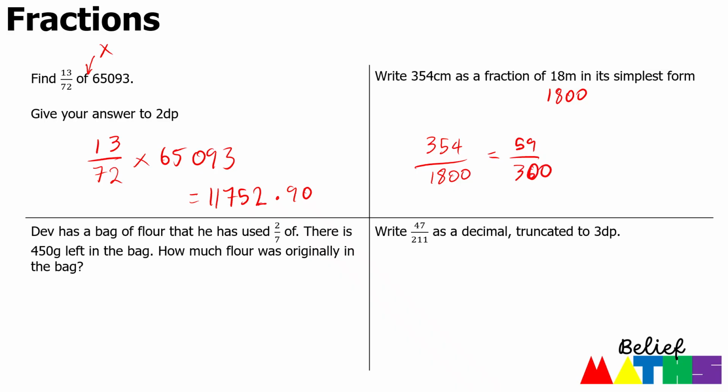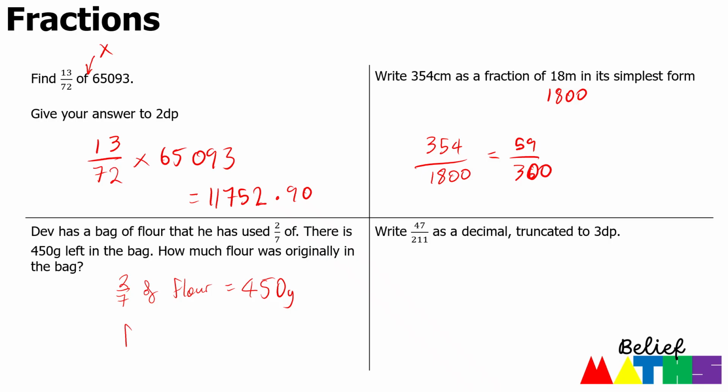Next one, we have Dev has a bag of flour that he has used 2/7 of. There's 450 grams left in the bag. How much flour did he originally have in the bag? So we know that 2/7 of the flour is equal to 450 grams. Thinking like we did the first one, 2/7 times something gives us 450.